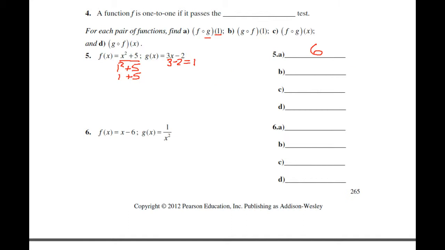Now we're going to clear this and reverse it, where we're now going to do the f function first. And again, we're saying the x is a 1. So in here, if our x is a 1, we just said that this was 6. 1 squared is 1 plus 5 is 6.